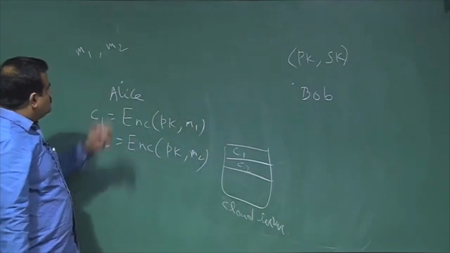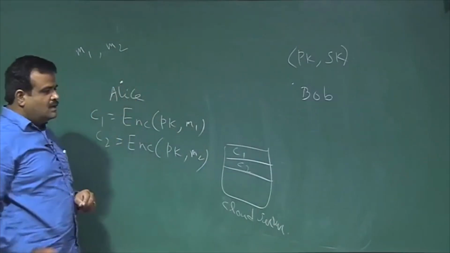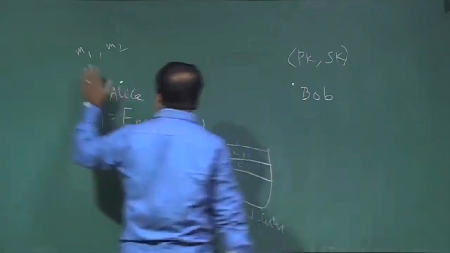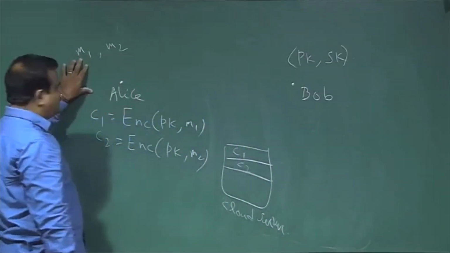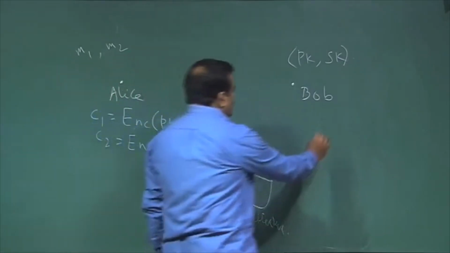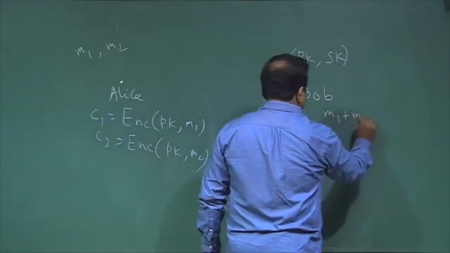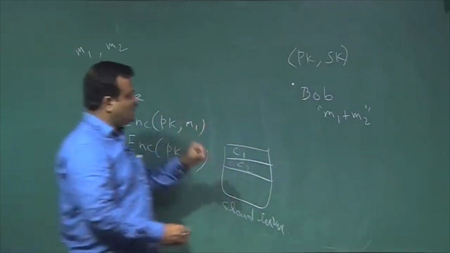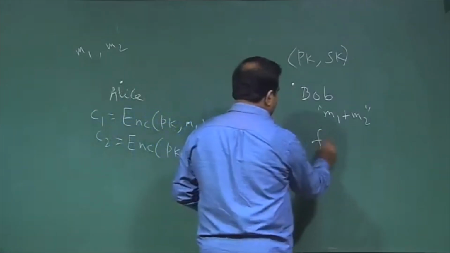Now suppose Bob is not looking for the messages M1, M2. Suppose Bob is looking for the value of M1 plus M2. So this is basically our f. Our f is just plus.